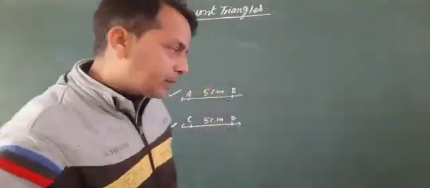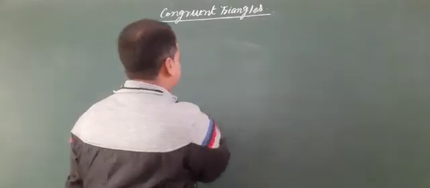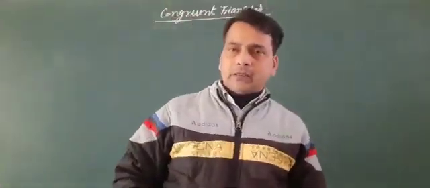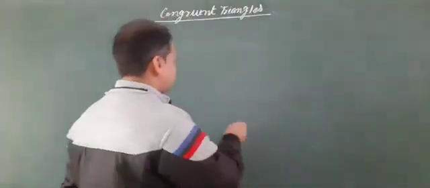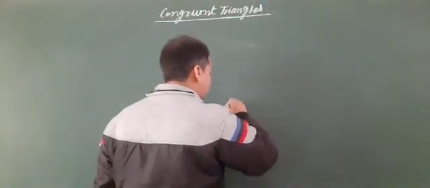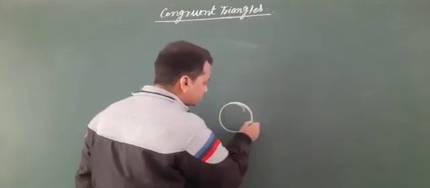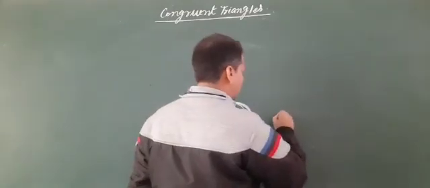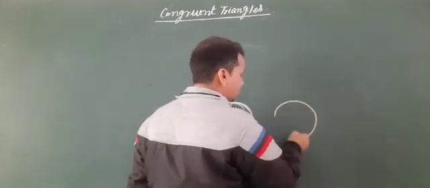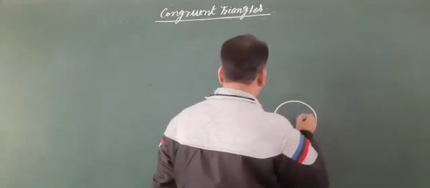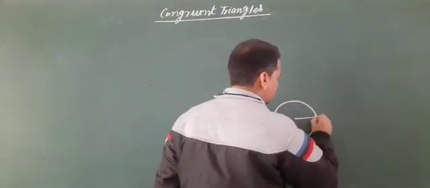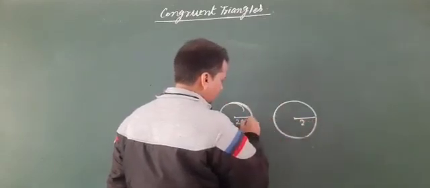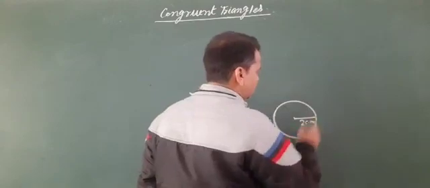Now another example. Suppose a circle whose radius is 2 centimeter. Now another circle, its radius is also 2 centimeter.